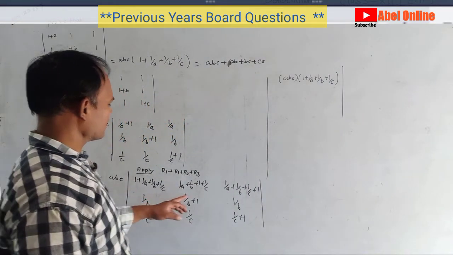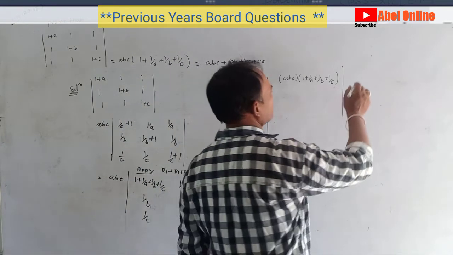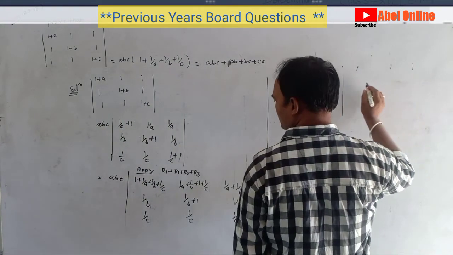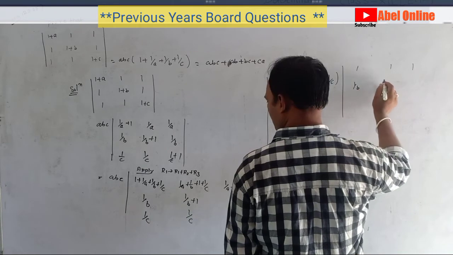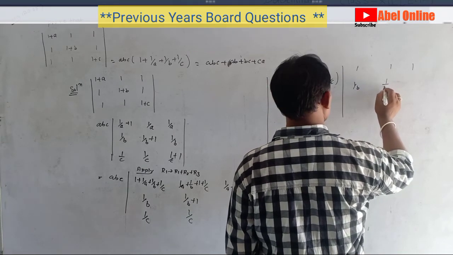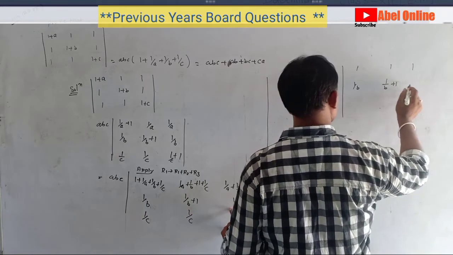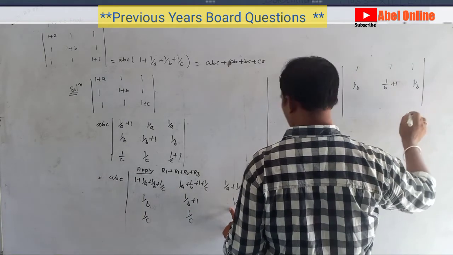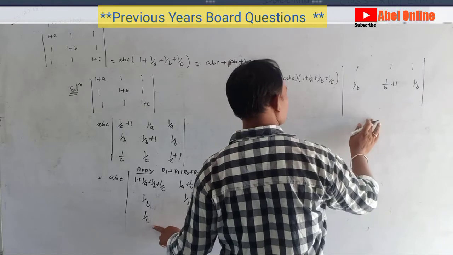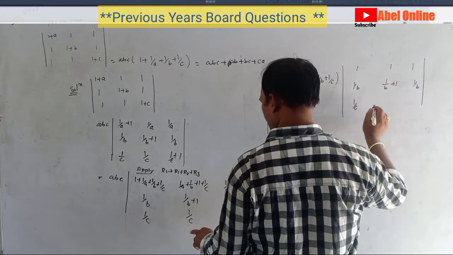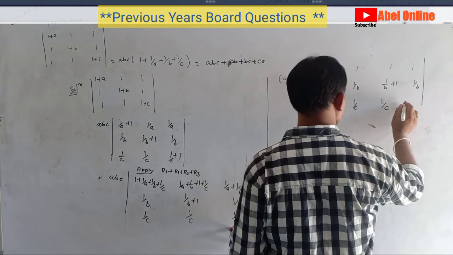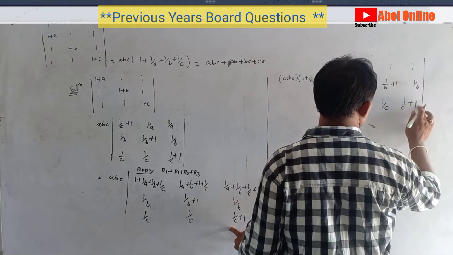The remaining part is 1, 1, 1, and then 1 upon b plus 1, 1 upon b, 1 upon c, and 1 upon c, and 1 upon c plus 1.